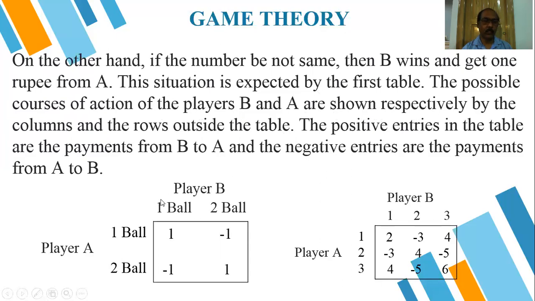That means this is the choice for player B: draw 1 ball or 2 balls. This is the course of action, or we can call it the strategy, for player B. And for player A, this is the course of action. Player A can choose to draw 1 ball or draw 2 balls. These are the courses of action, we can say.